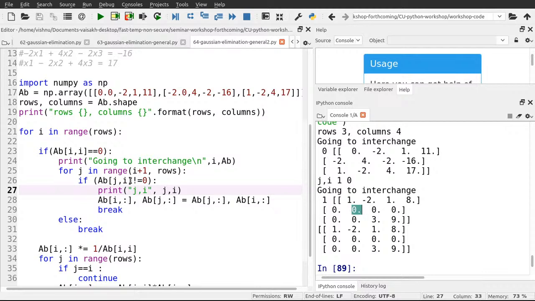After that, what happens? This is 0. J is 1. Next value of J will become equal to 2. So 2 1. Oh, okay. So we are not going in to check the next number, right? We need to go to the next variable that we are not doing here. So it is only looking for the first variable, and we are not going in to look for the next one.